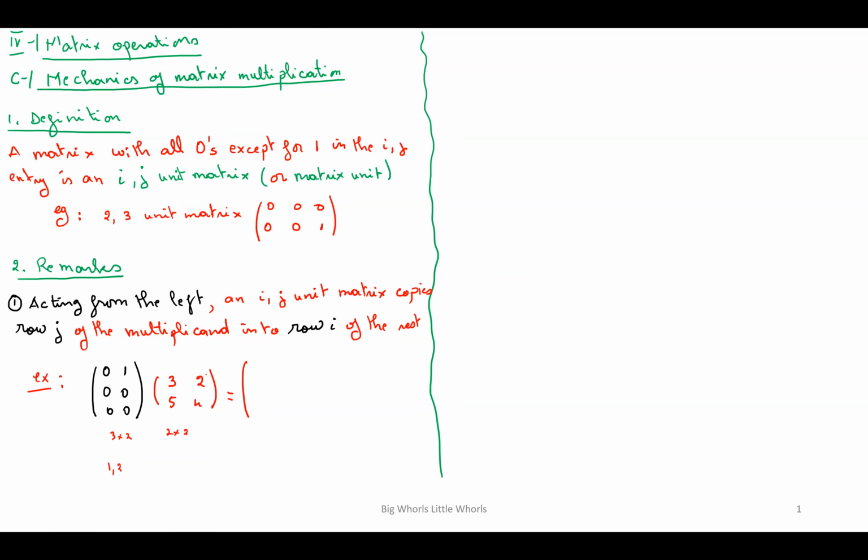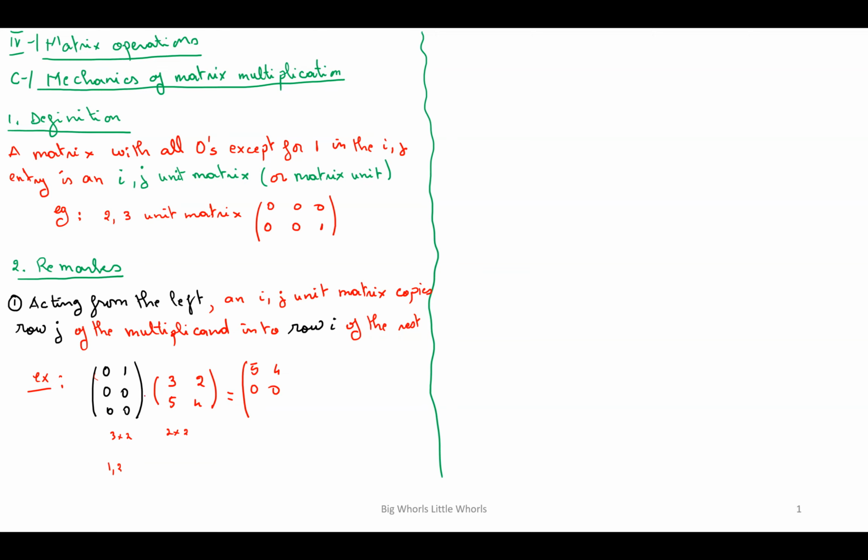Let's actually go with the matrix multiplication first. We do the dot product of the row from the left with the column on the right. So 0 times 3 is 0, 1 times 5 is 5. Now 0 times 2 is 0, 1 times 4 is 4. For the other rows, 0 times 3 plus 0 times 5 is 0, and 0 times 2 plus 0 times 4 is 0.